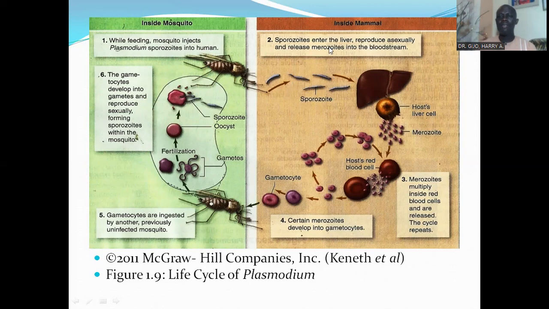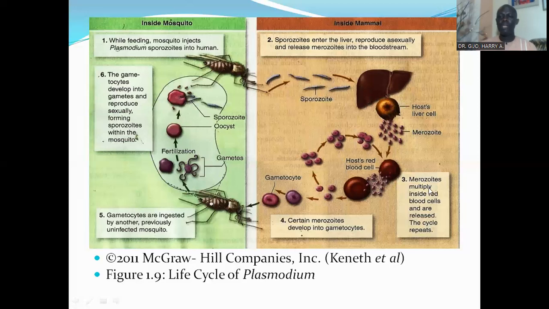They reproduce asexually and release merozoites into the bloodstream. The host cell bursts and several merozoites are released into the bloodstream.